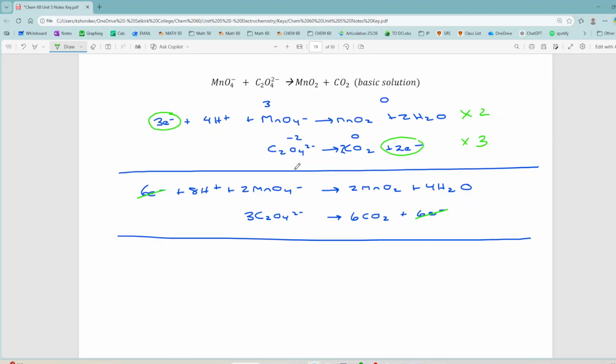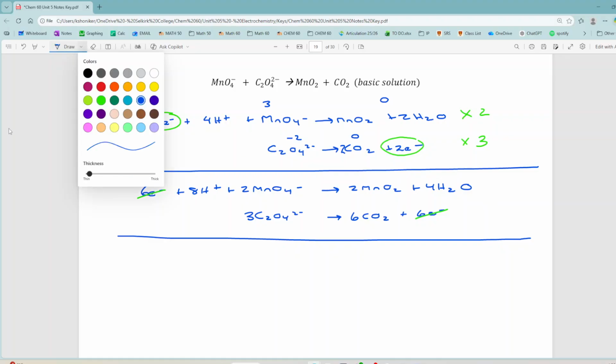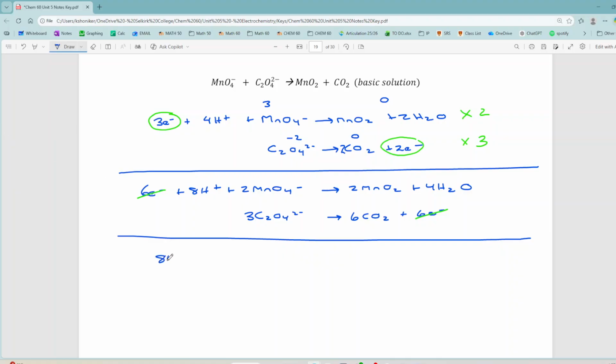Because my second reaction didn't involve any oxygens or hydrogens, I'm just going to be left with what's left. So 8 hydrogens and 2 MnO4 minus and 3 C2O4 2 minus is going to give 2 MnO2s, 4 waters, and 6 CO2s.